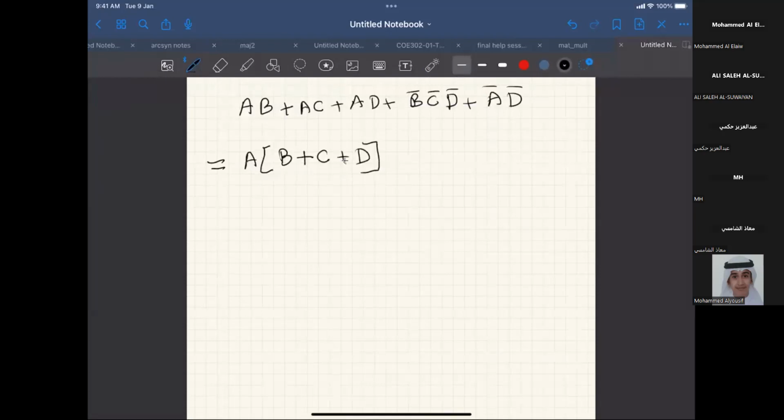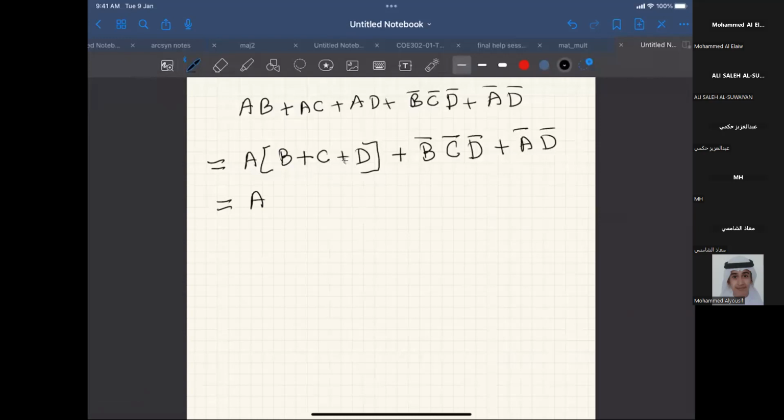Is it so far so good, Abdulaziz? Yes. Do you have a problem with the distributive law? No, my problem is how did BCD disappear? Right. Now this is by the distributive law. I'm not going to write the justifications, but you are required to write justifications.